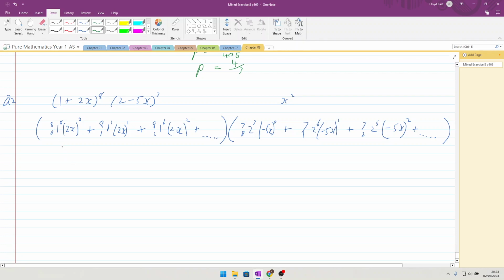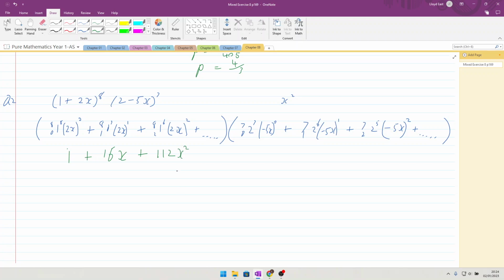All of that is just 1 for that first one, plus 8 NCR 1 is just 8 times 1 times 2, so 16, because it's the 2 here and the 8 here, giving me 16x, plus 8 NCR 2, so 8 NCR 2 is 28 times, now it's going to be 2 squared, which is 112 x squared.